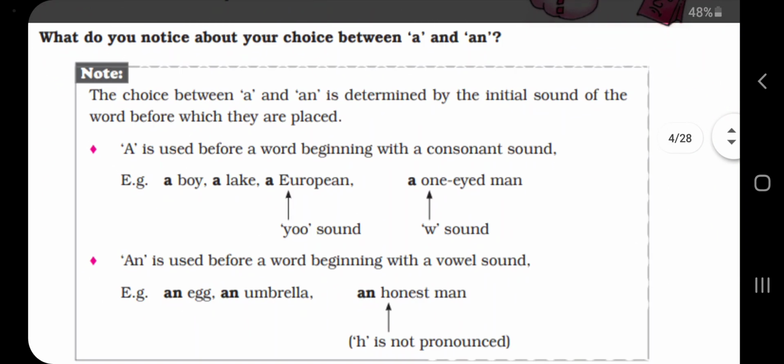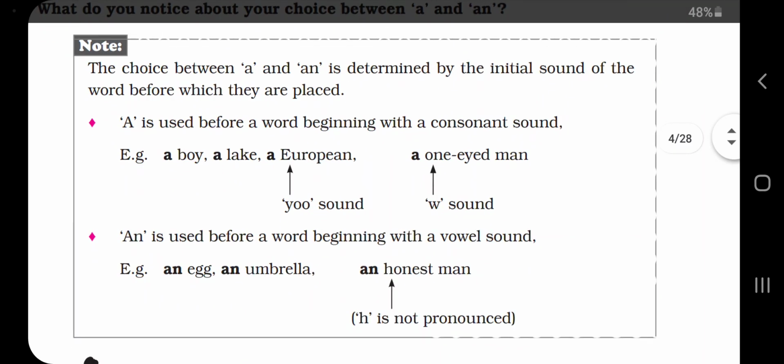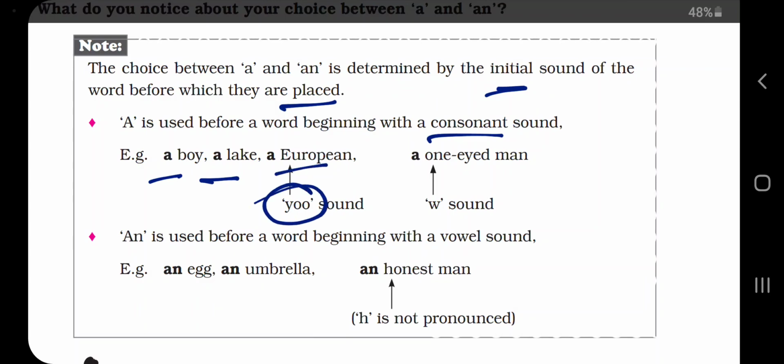This is the explanation given here. The choice between a and an is determined by the initial sound of the word before which they are placed. A is used before a word beginning with a consonant sound, like a boy, a lake, a European, because the sound is y.